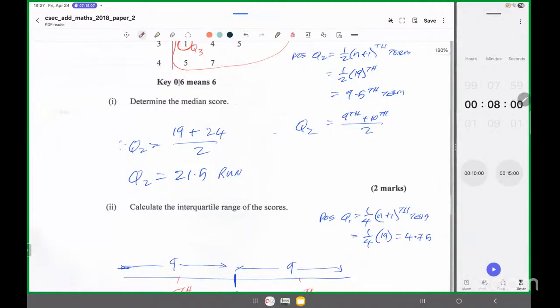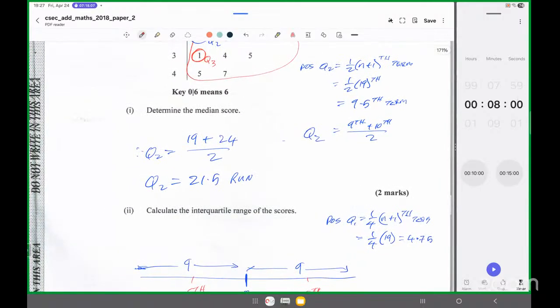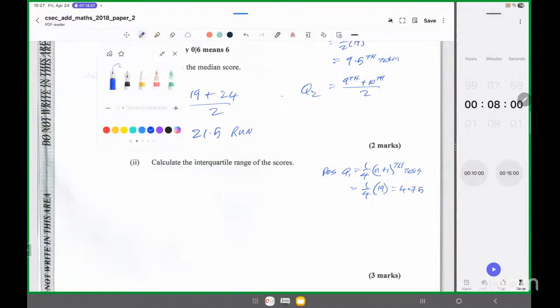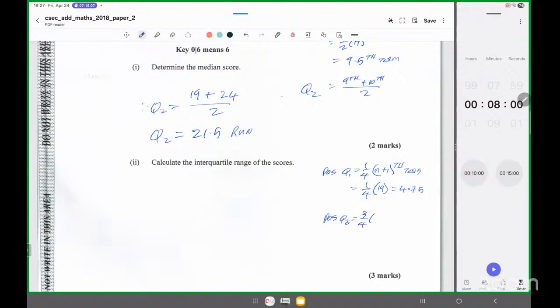So it's 1/4 of the n plus 1. So let's say Q3. I'm sticking to that fifth term there. Let's see. Position of Q3, the 3/4 of 19. 3/4 of 19 is 14.25.